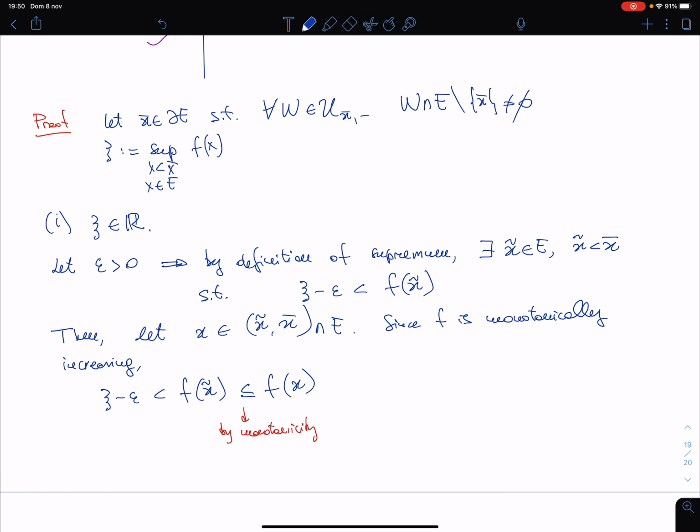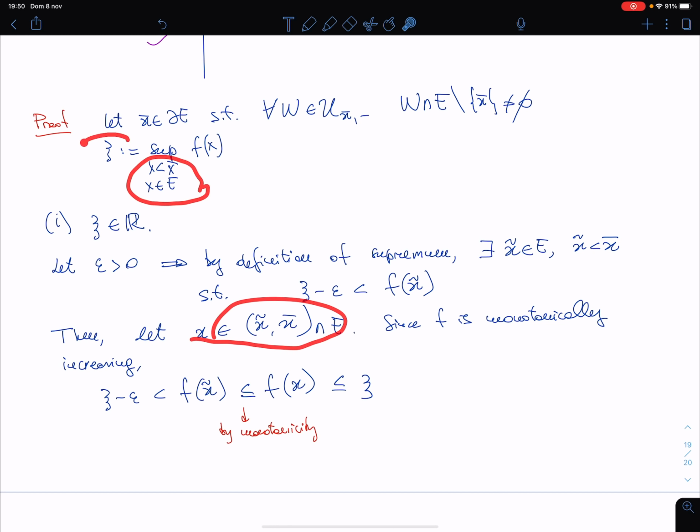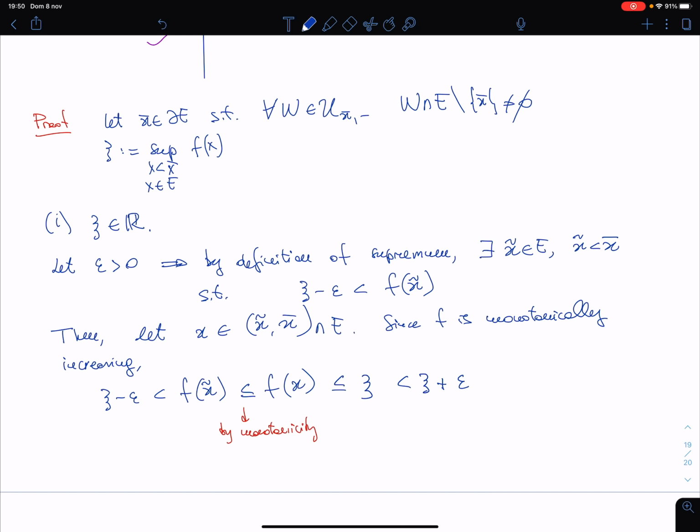And of course this is less or equal to psi, while psi is the supremum and x falls in a set which is included in the set that defines psi as a supremum of the values of f, and obviously psi is less than psi plus epsilon.